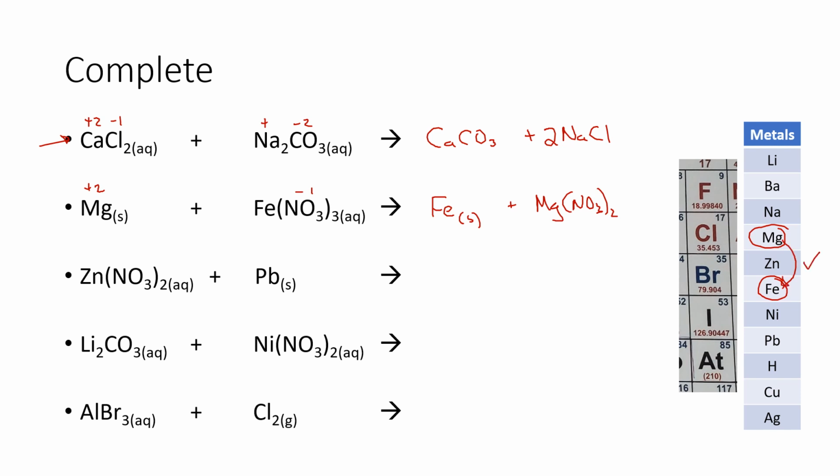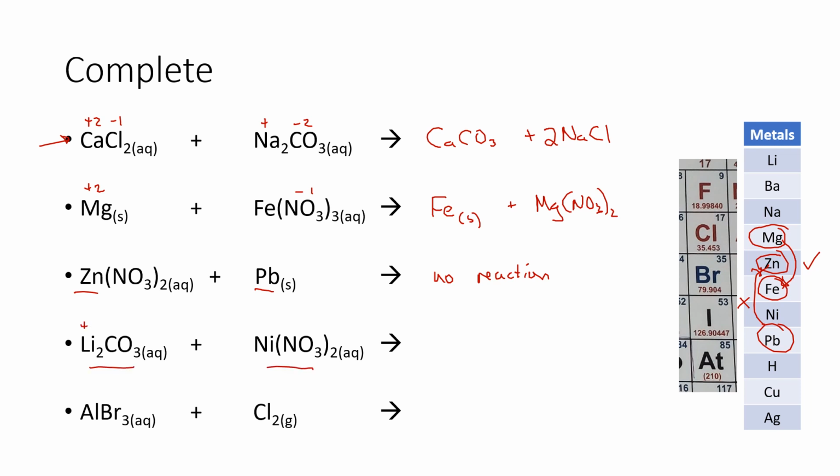The next one here, we've got lead and zinc. Looking back at our list, there's lead and there's zinc, and we're trying to go this way, which means it's not going to happen, and we'll have to say no reaction. This next one is double displacement because we have two compounds.